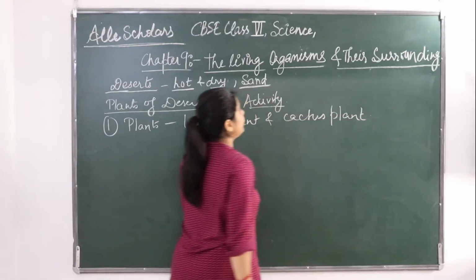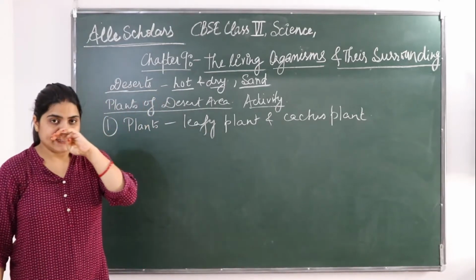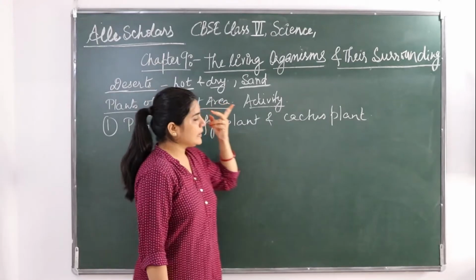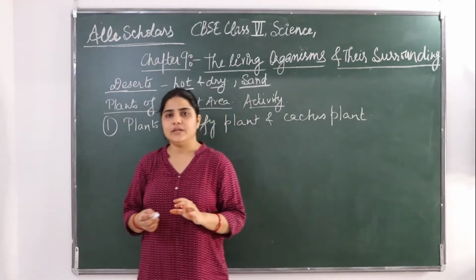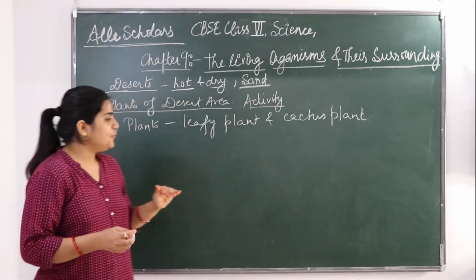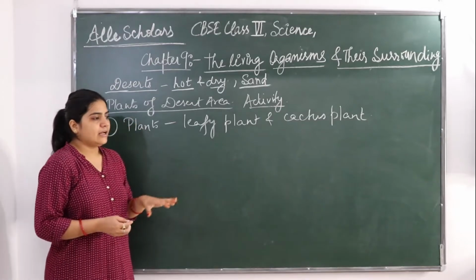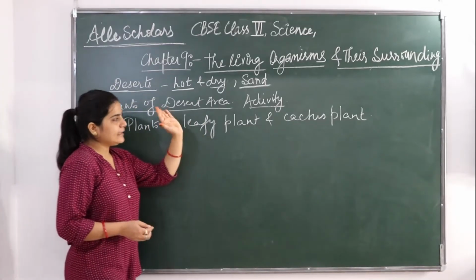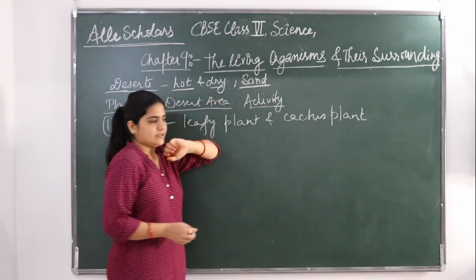Now if you remember the transpiration experiment we have done in chapter 7 also, the Knowing the Plants chapter, what we need to do is take a polythene bag and cover some parts of this leafy plant and some part of this cactus plant.